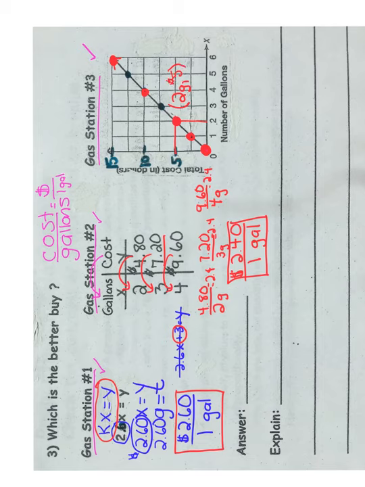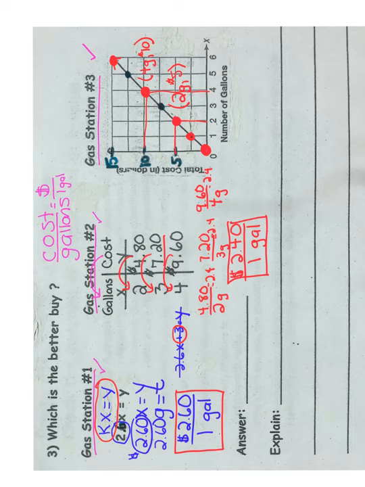Another easy readable point would be this point right here. It states for 4 gallons of gas, it costs $10. Let's calculate the rate for each of these ordered pairs.